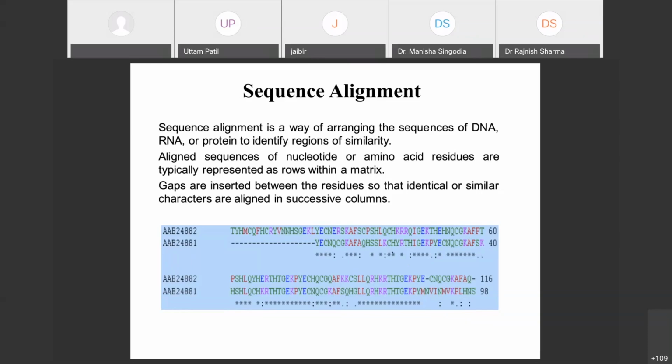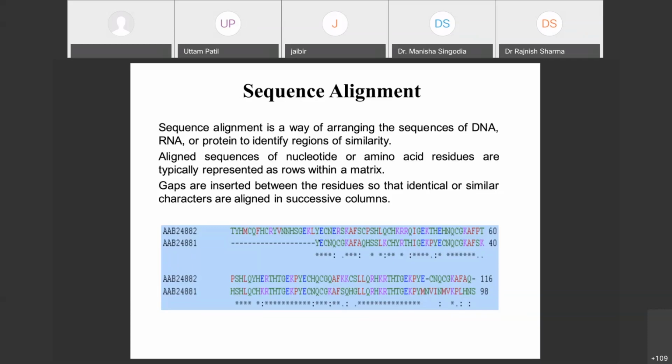Below that, you can see various characters, stars and other characters. So this shows whether the residues are identical or not. So if there is a star, it shows that these two residues are identical. You can see here YECNE, YECN, and here also YECN.